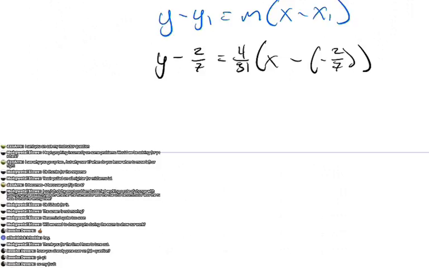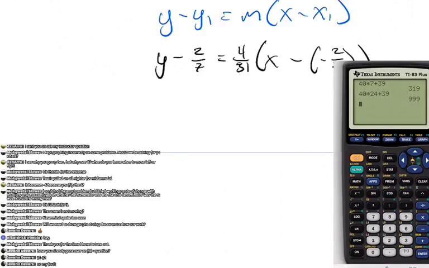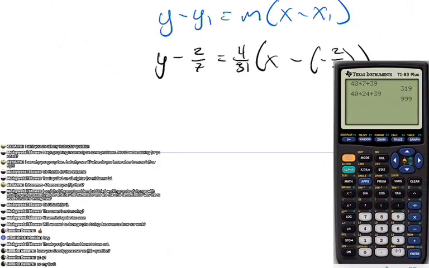Let me pull up the calculator. I think it's just 31 times 7. Let me see what that number is, if it's ridiculous or not. 31 times 7, 217. I'm going to leave it separated as 31 times 7.